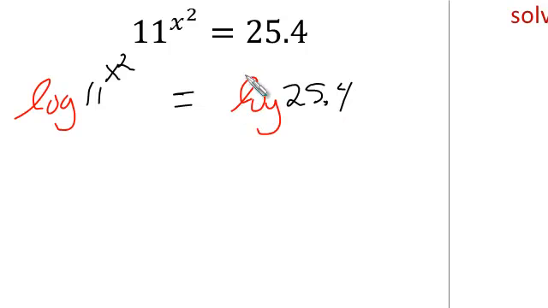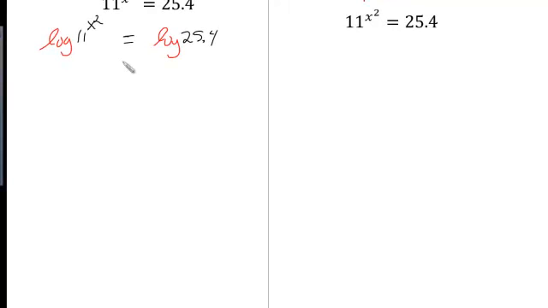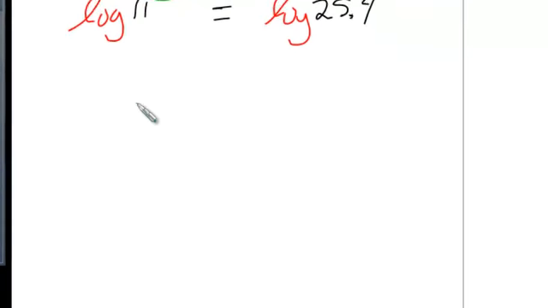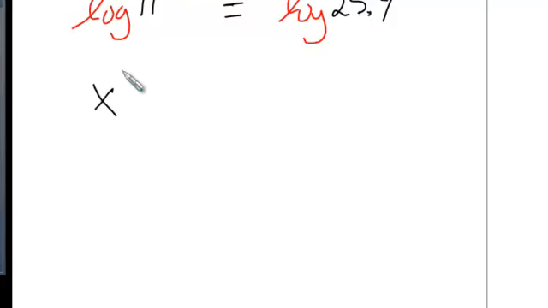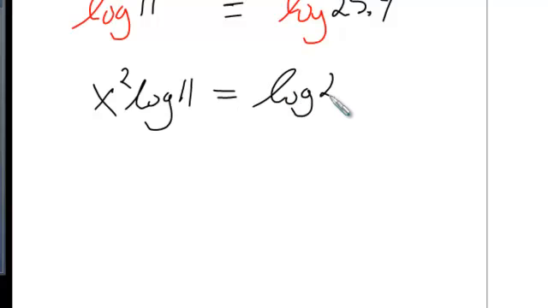And the reason why we took the common log of both sides is we can use that property number 3 of expanding and condensing that says if you have an exponent, you're allowed to bring it out front. And we're just going to recopy this side.